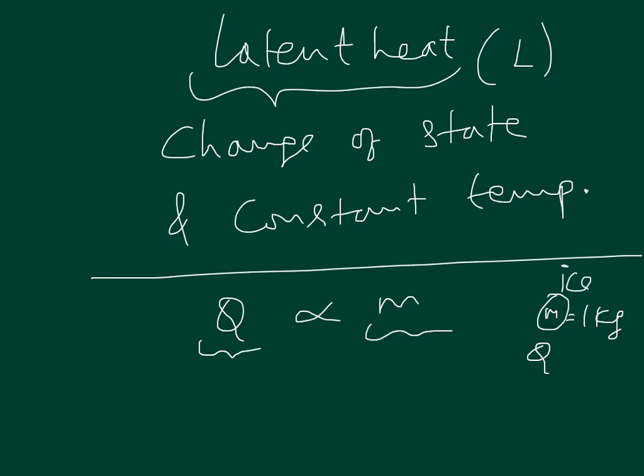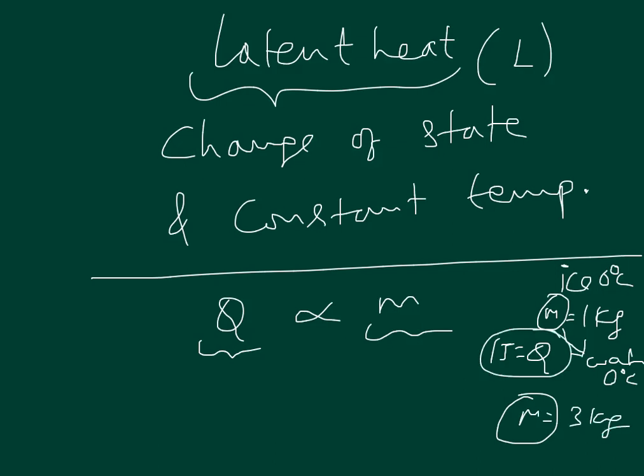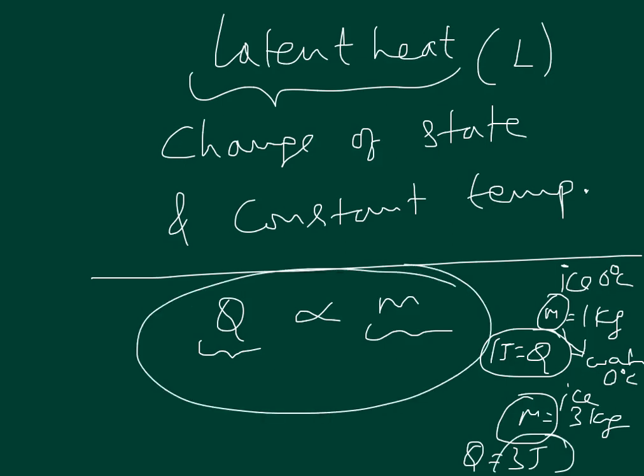By taking Q, it becomes water. Ice at 0 to water at 0, suppose for example I give 1 joule. But if the mass is big, now I take M equal to 3 kg, this heat energy is not sufficient to melt this ice piece. Now the mass is more, to melt the ice piece we require more heat energy. So heat energy is directly proportional to mass.